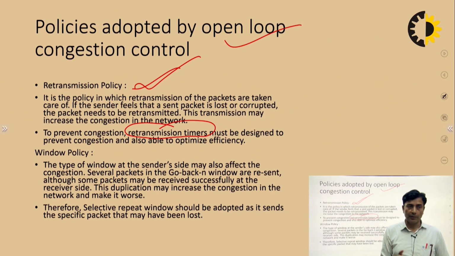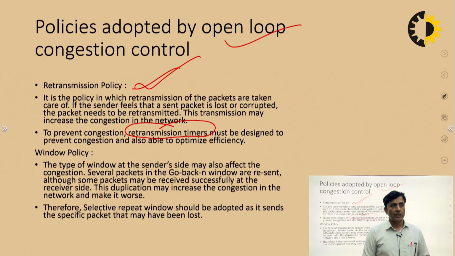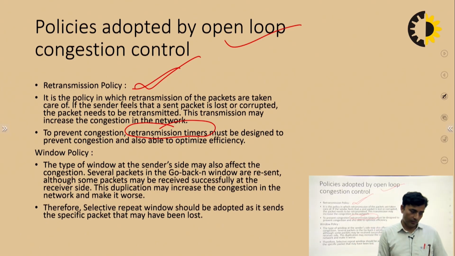It may be possible that the acknowledgement packet does not get a free path to come toward the source, so it may be delayed. So the sender does not transmit the packet immediately unnecessarily. It has to wait, and certainly when the timer expires, then it has to retransmit.